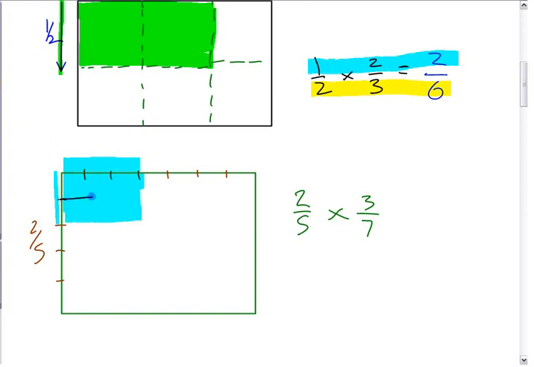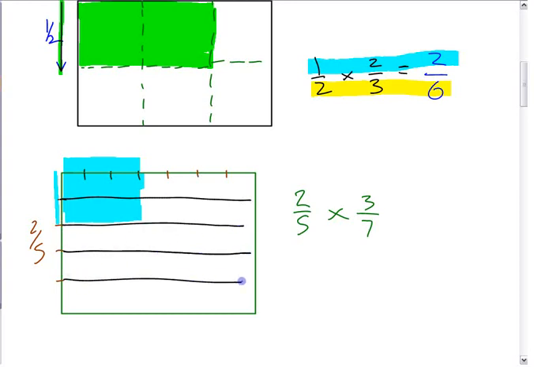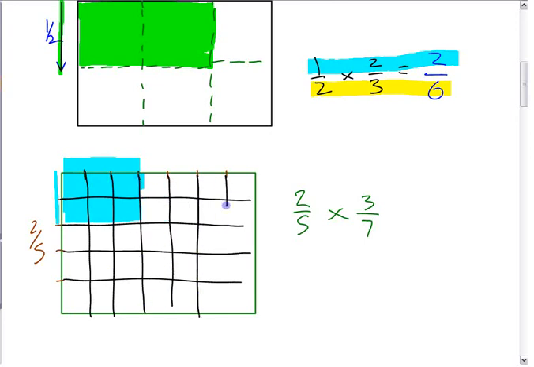If I drew the lines here, how many would I have shaded? 5? No, not 5. 6 out of how many? You really should focus on this because it's not a hard concept. Out of 35. You'd have 6 out of 35 shaded.